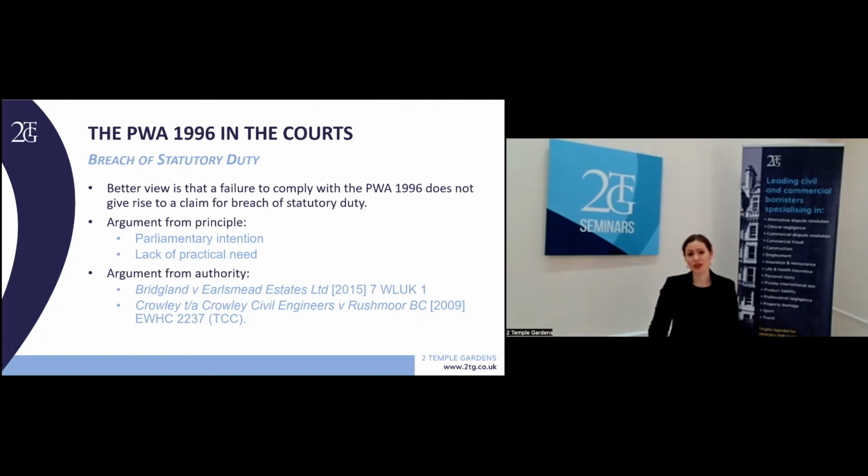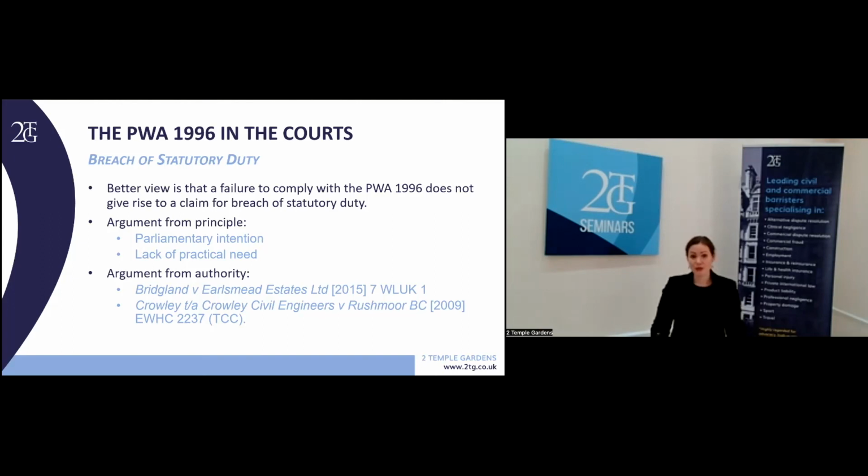Now, that point was one of the reasons why Crowley wasn't followed in the case of Bridgeland and Ellesmead Estates. That was a claim for breach of statutory duty under Section 7(1) of the Act, and it was rejected by His Honour Judge Grant, who confusingly was a High Court judge sitting as a County Court judge in the TCC, but it ranks as a County Court judgment.